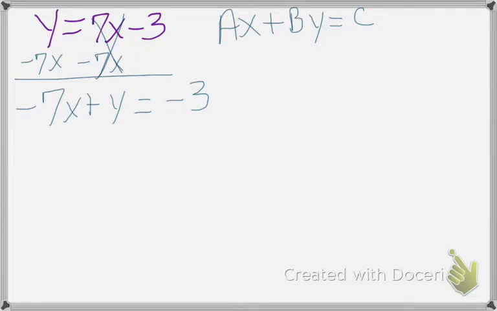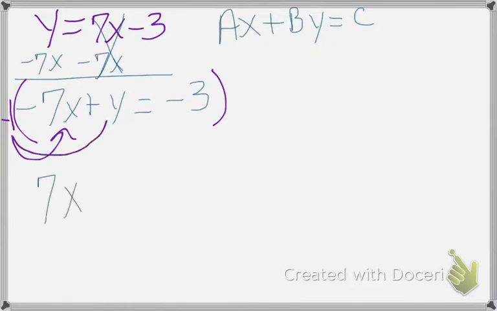How do you get rid of a negative? You multiply. And yes, you can multiply by any negative number, but then you'd have to reduce. So to make it easy, just multiply by a negative 1. Negative 1 times -7x is a positive 7x.